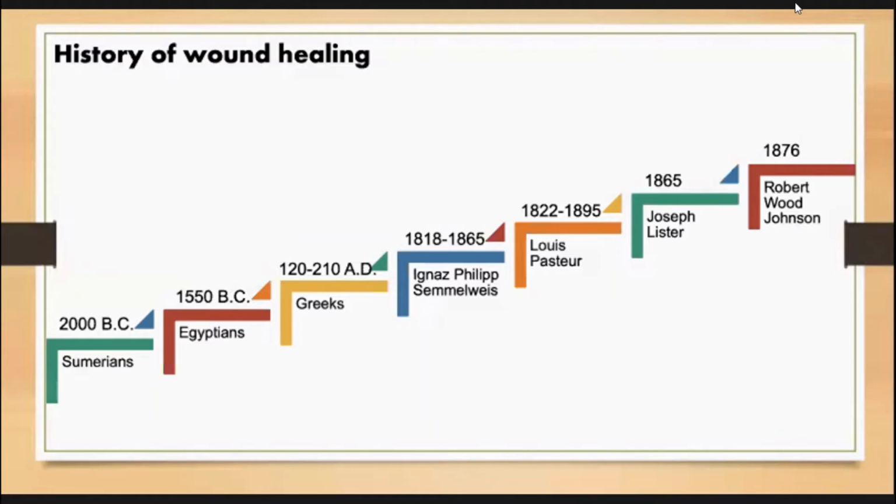Okay, so Louis Pasteur was instrumental in dispelling the theory of spontaneous generation of germs, and he proved that germs existed in and were always introduced from the environment. So a big contribution by Louis Pasteur. And Joseph Lister, all right?